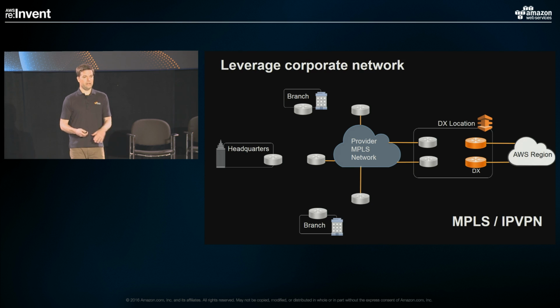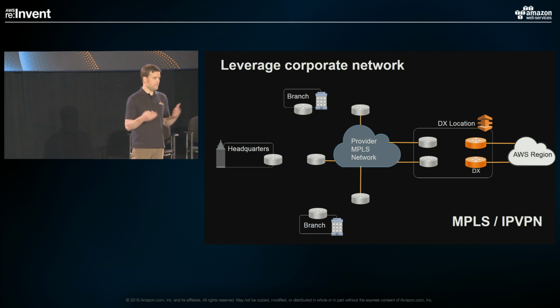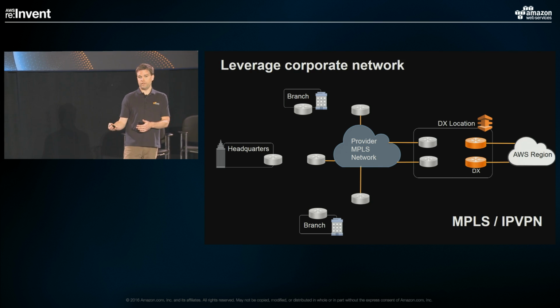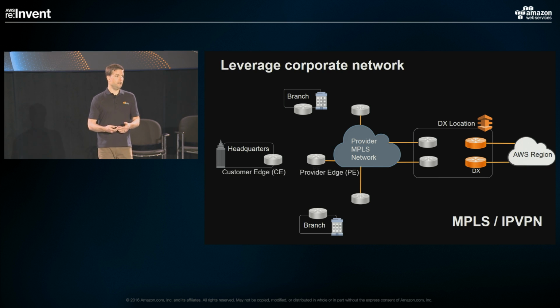And just real quickly, hooking up an existing MPLS, like IPVPN network to a region is dead simple. Most of your providers, they're already in our Direct Connect locations. That AWS region is already a point of presence on their global cloud. So all it is facilitating adding that new POP to your existing IPVPN, calling up your provider and saying, hey, I want to add US West 2.